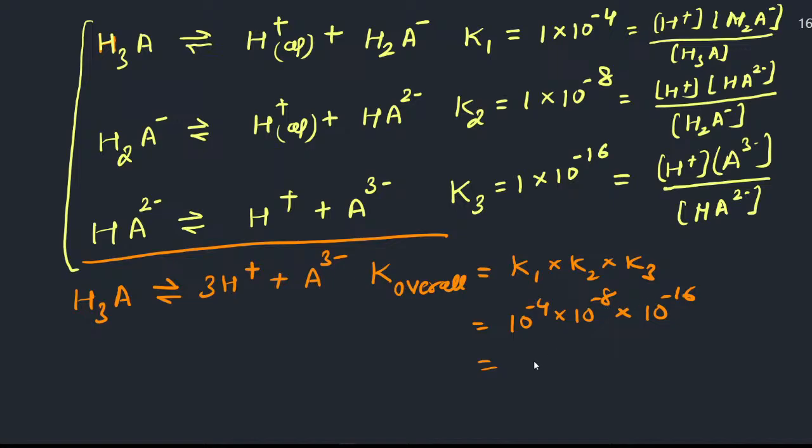How much is it? 10 raised to the power minus 28. That means this dissociation is highly unfavorable, but it can be formed to a small extent.